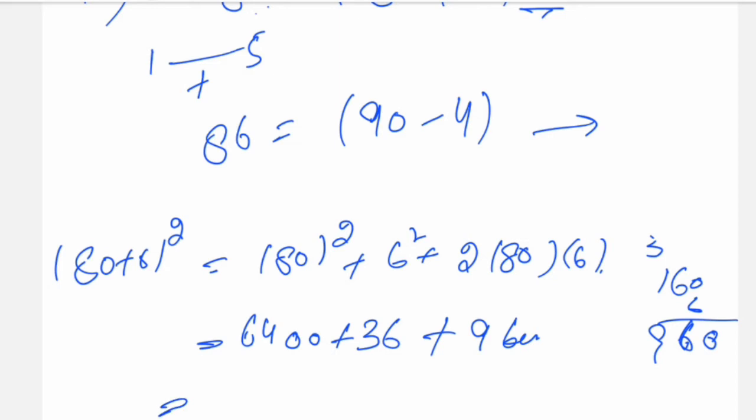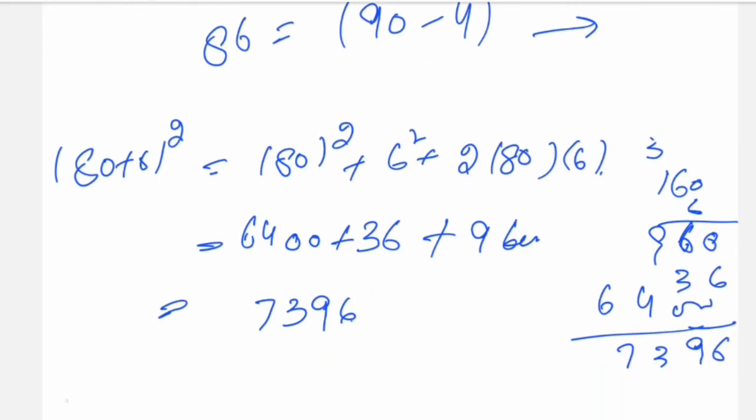So when we add them, 6400, 960, 36, we get 7396.